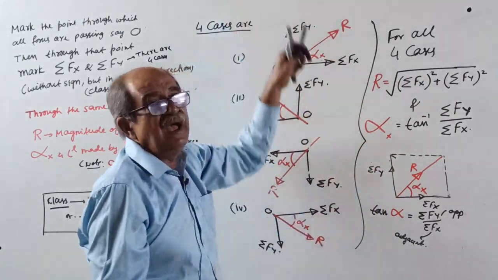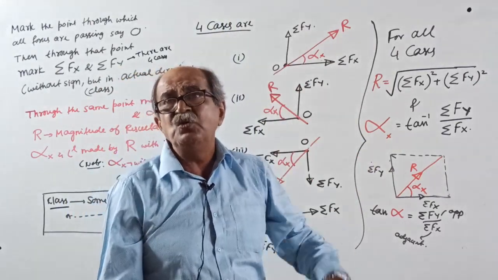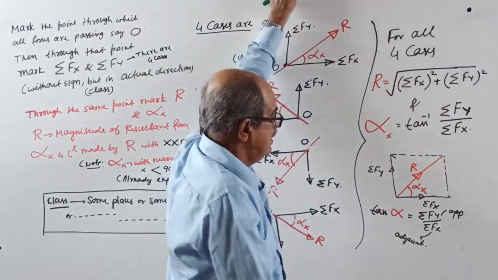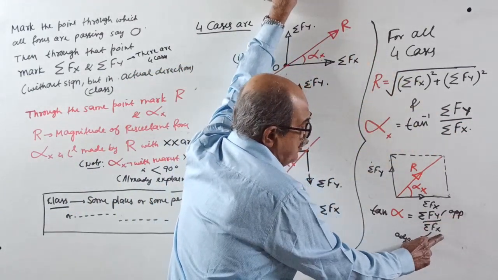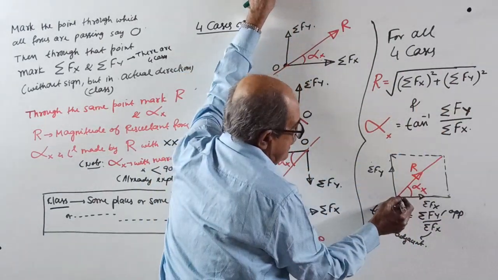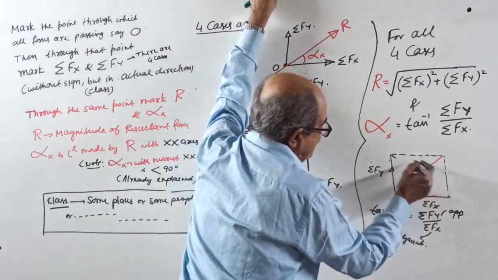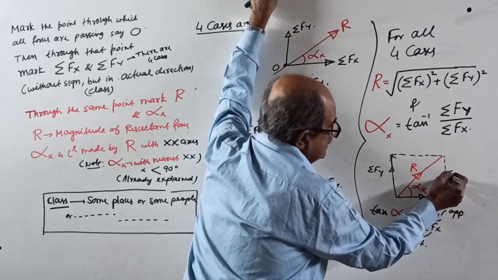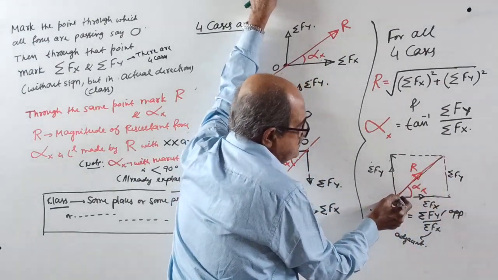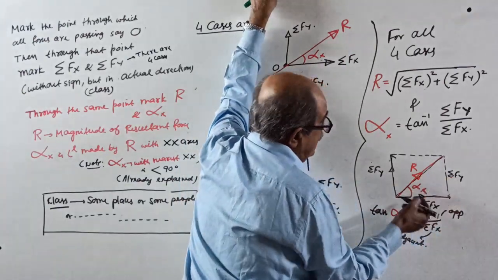If you measure the angle with x, tan alpha equals sigma Fy by sigma Fx, that is, opposite by adjacent side. How did you get this? Very simple. If this is sigma Fx, this is sigma Fy, and this also is sigma Fy only. By Pythagoras theorem, R square equals the sum of these two squares, and you get this.